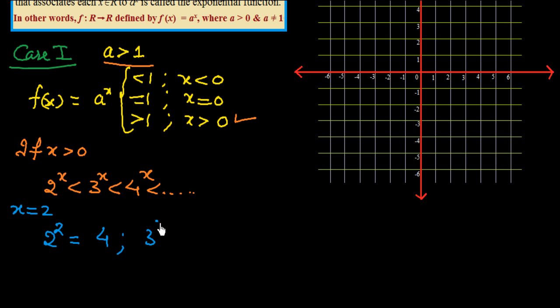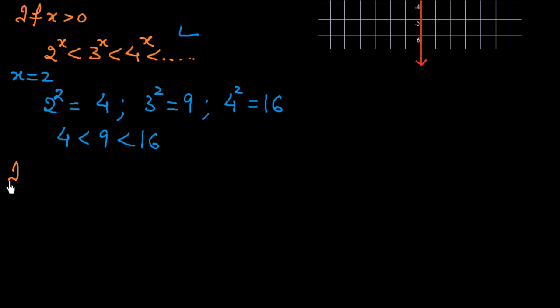Then 3 power 2 is equal to 9 and 4 power 2 is equal to 16. So here you see 4 is smaller than 9, is smaller than 16. So this is the way we are getting here.